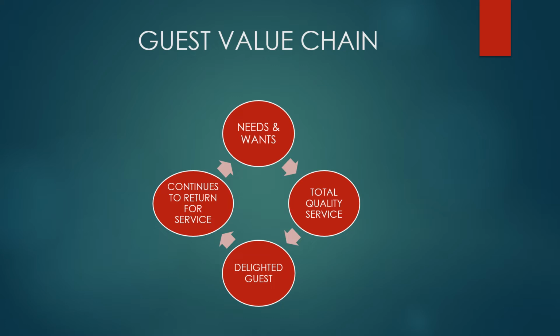Following is a diagram in which we can see different levels of guest values. They are needs and wants. These are the needs and wants of a guest. Next we have the total quality service. This is the actual product or the service that a customer is going to receive.